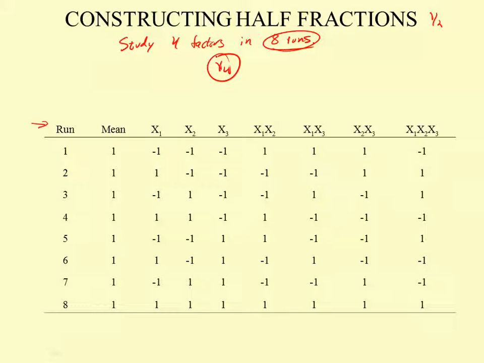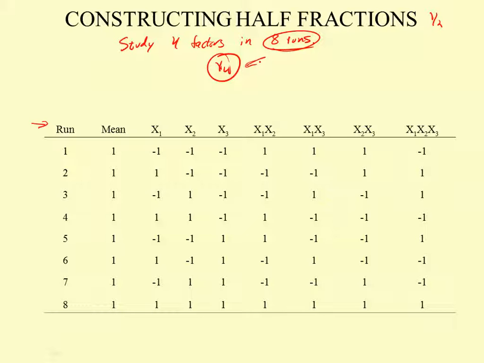We take x4 and assign it to one of these columns, and by doing so, we have deliberately confounded the x4 effect with whatever column we assign. So if I say x1, x3, these are the settings I'm going to use for x4, then I've confounded x4 with this two-way interaction.